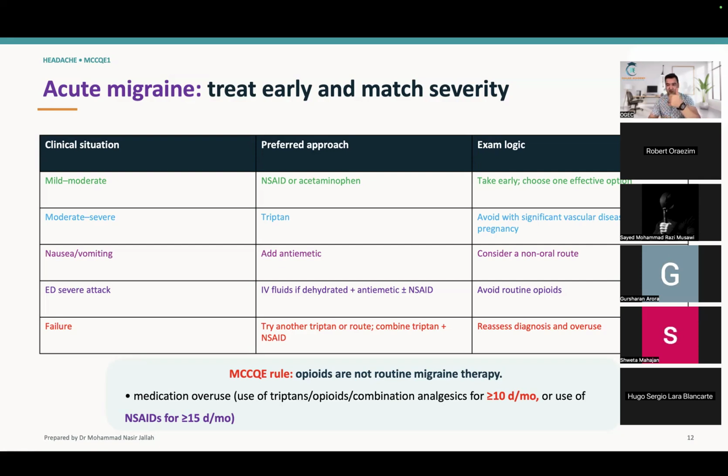If you're using a solo medication, 15 days; solo 15, combined 10. Let's say you're using 3 medications. If you use these 3 medications for 10 days per month for 3 consecutive months, then the patient may develop rebound headache. If you're using 1 medication for more than 15 days per month for 3 months or more, then the patient may develop rebound headache.